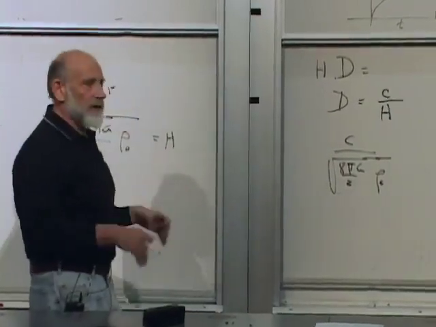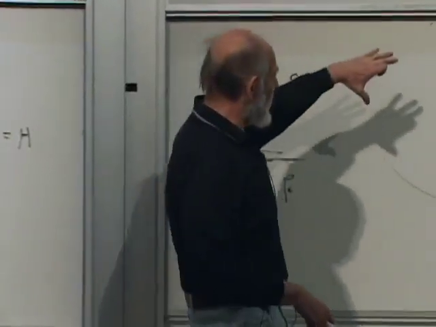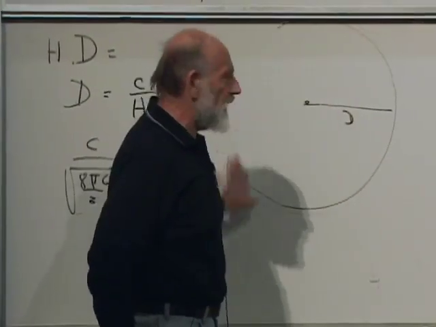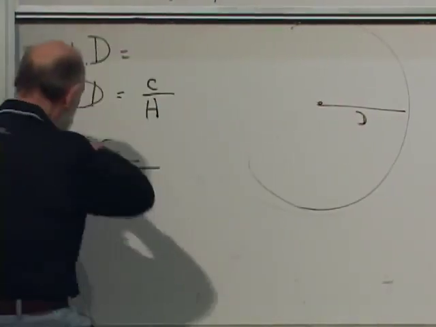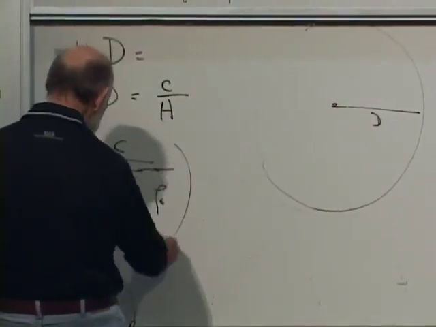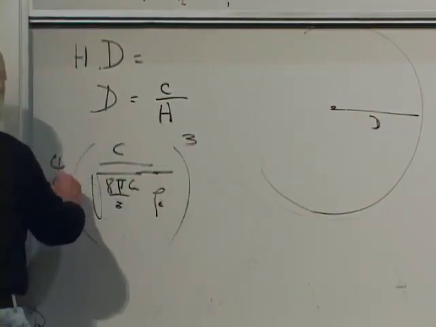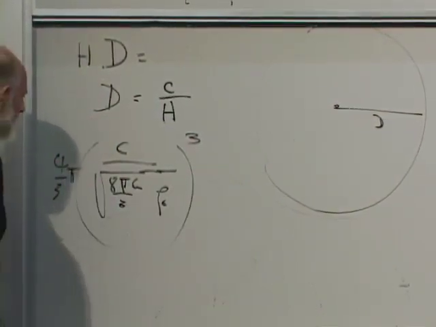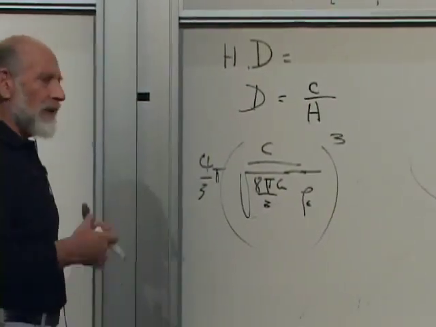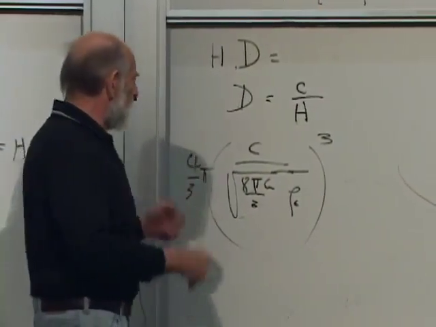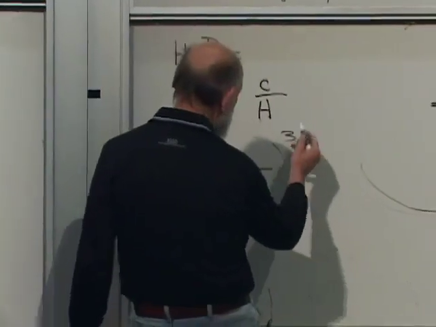That's the distance. Now I want to cube it in order to find the volume, times 4/3 pi. And then multiply that by the vacuum energy density, which is rho naught itself.